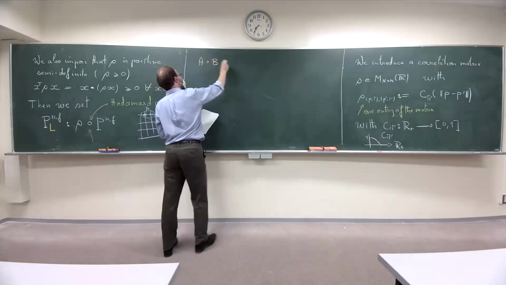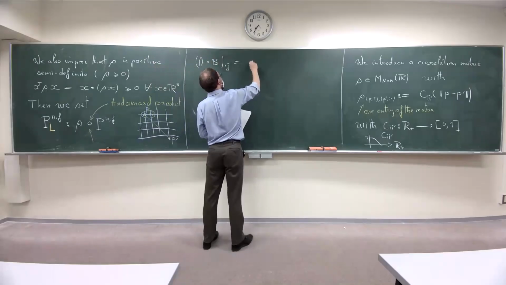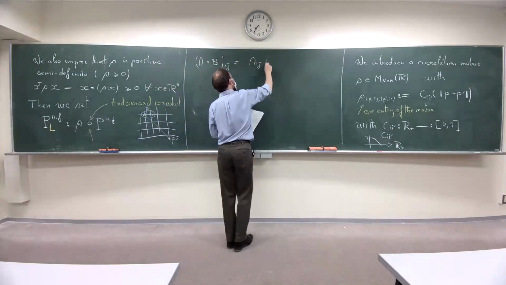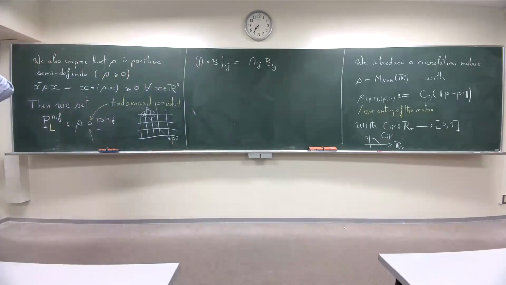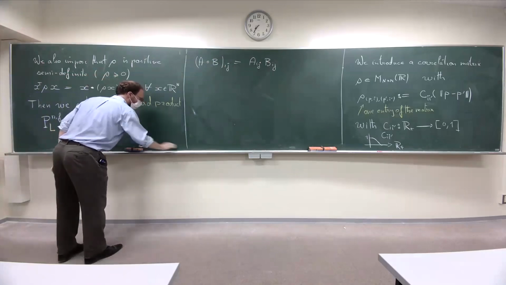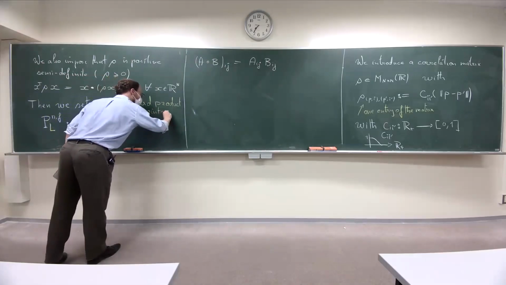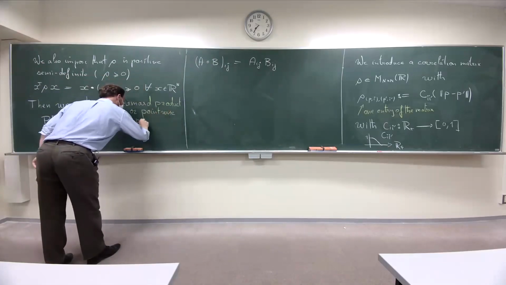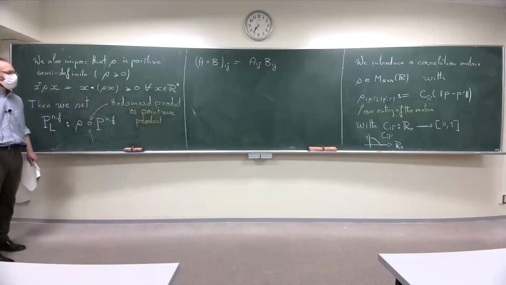A Hadamard B, entry ij, is simply a_ij b_ij. You really just take the two corresponding entries and you multiply them. This is called the Hadamard product or pointwise product. It's quite clear why you call it pointwise product. Of course, if you do the product of two matrices, you shouldn't do this, but it's another product.